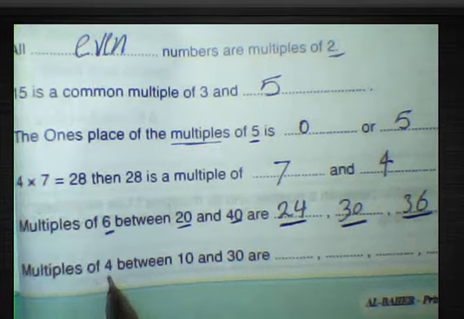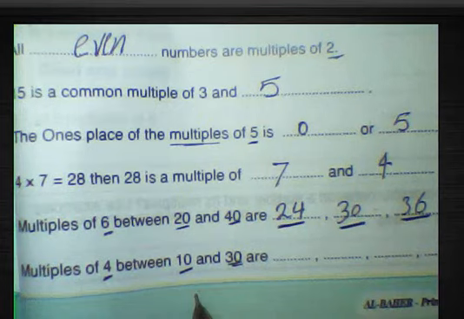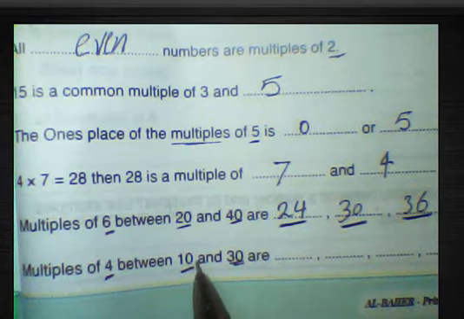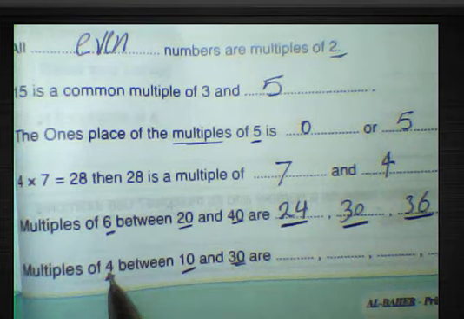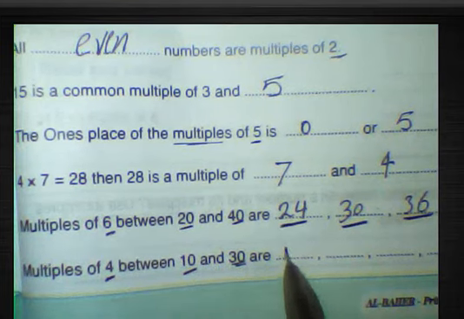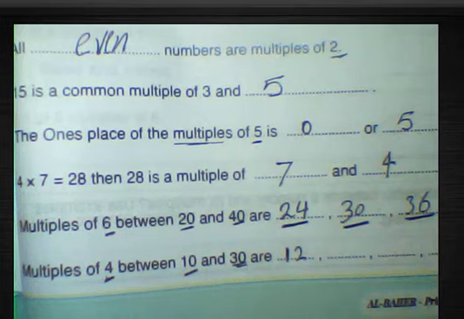Multiples of 4 between 10 and 30. Just after 10 here, what can divide by 4? 12. 12 can divide by 4.